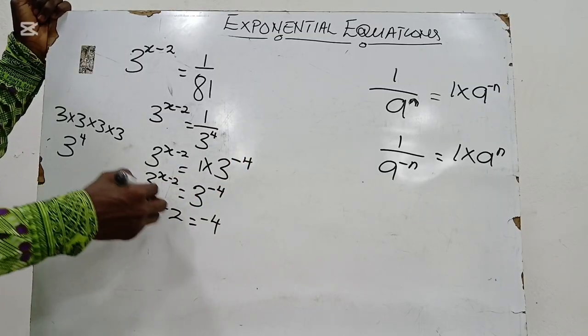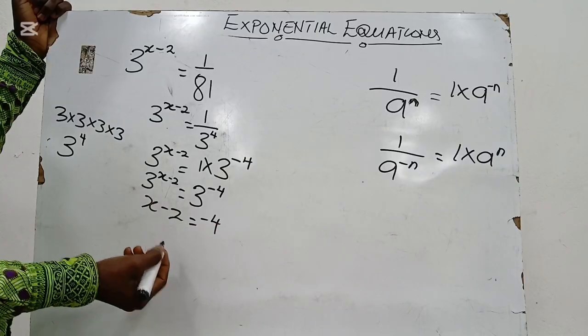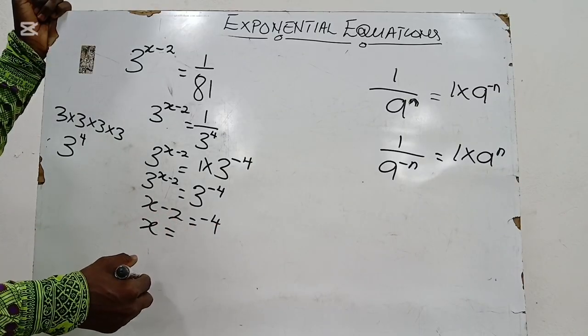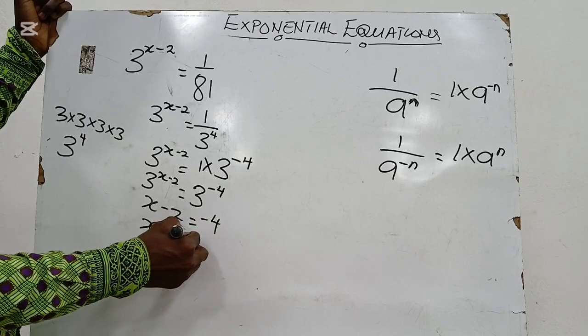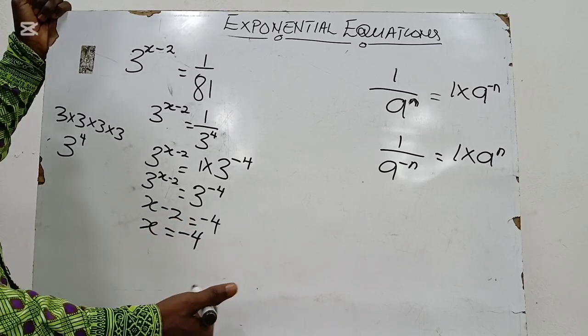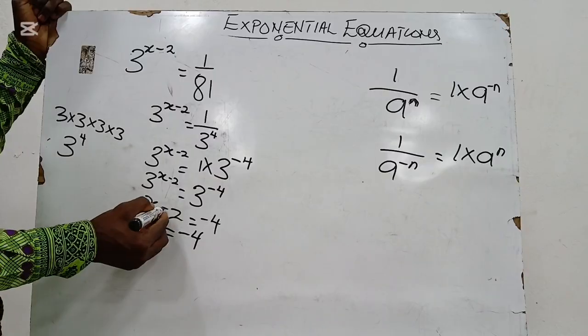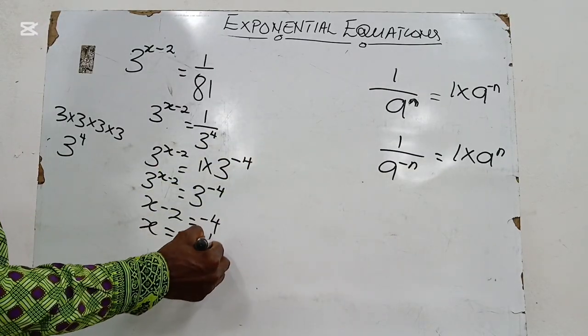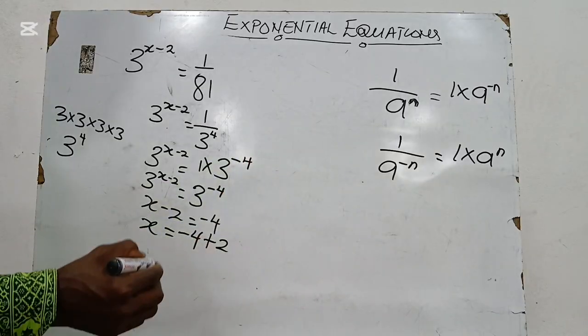Are you okay? So we have a simple equation for us to solve. So x is equal to minus 4, which is on the right hand side. So this negative 2 at the left hand side, when it crosses, becomes positive 2. That is the law.